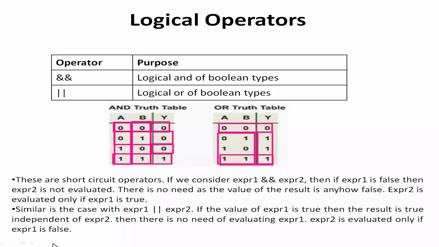When we use the logical operators, for example expression 1 and expression 2, both should be true, then only it will result in true, otherwise it will return false. For the OR operator, expression 1 or expression 2, either one should be true, otherwise it will be evaluated as false.